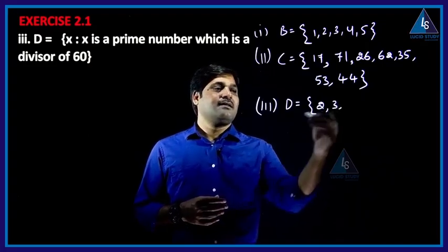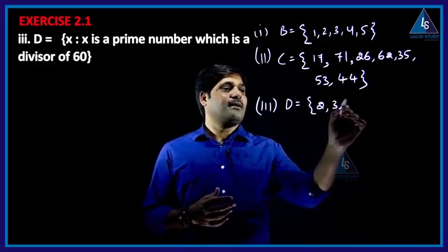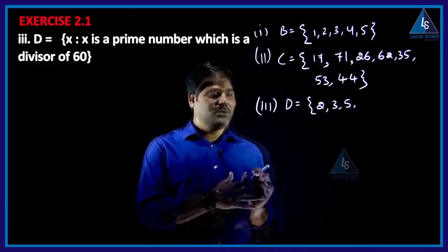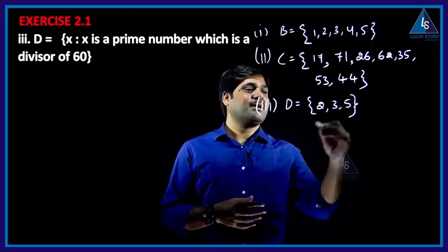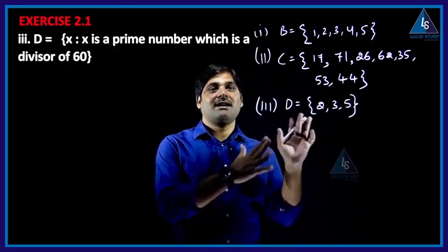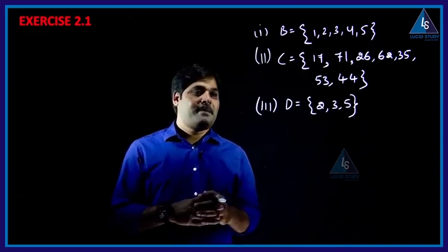Next, 3 is also a prime number which divides 60. Next, 5 is also a prime number which divides 60 exactly. So only 3 primes divide 60 exactly, right?